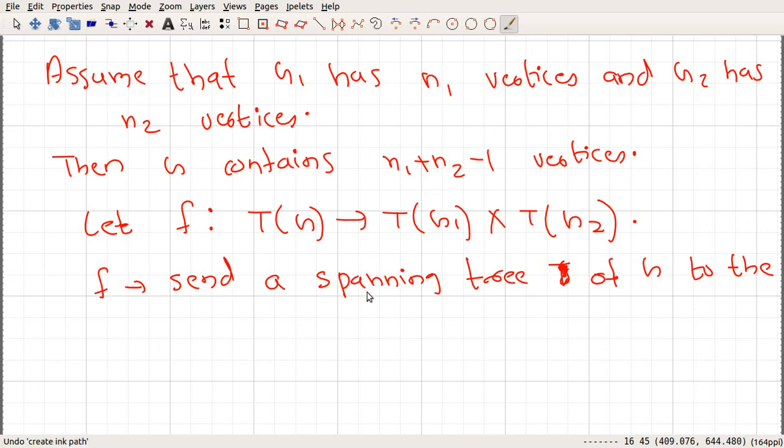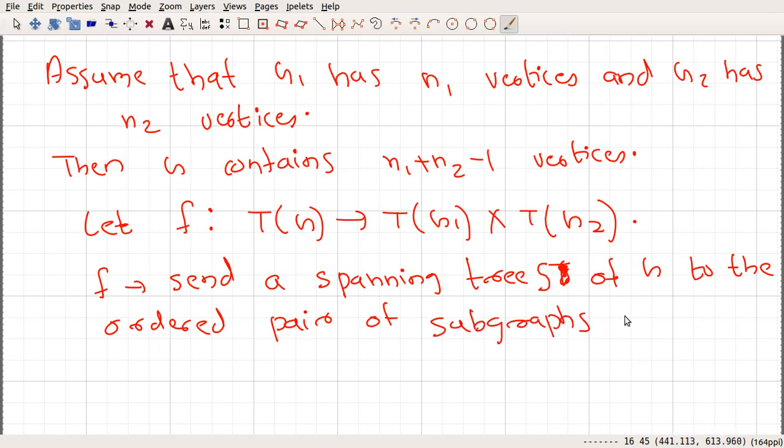So f sends a spanning tree S of G to the ordered pair of subgraphs, let's call these subgraphs S1 comma S2. So that's how we define this function.